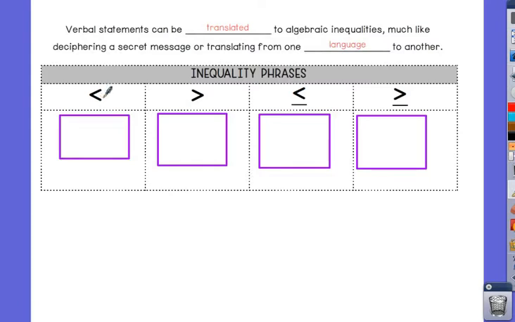Smaller than? There's another word for less. Starts with an F. Fewer. Fewer than. So we have smaller than, less than, below, and fewer than. All stand for the less than symbol.